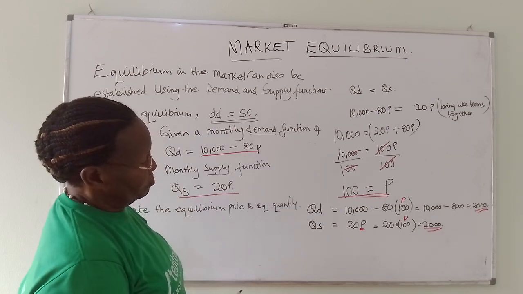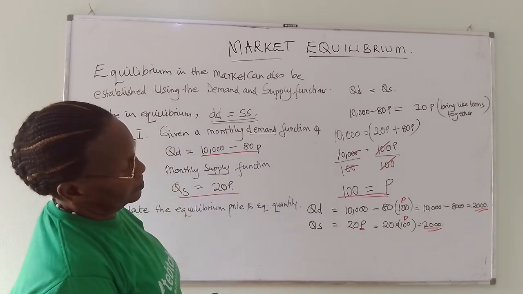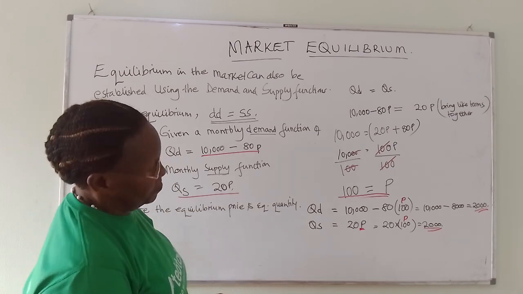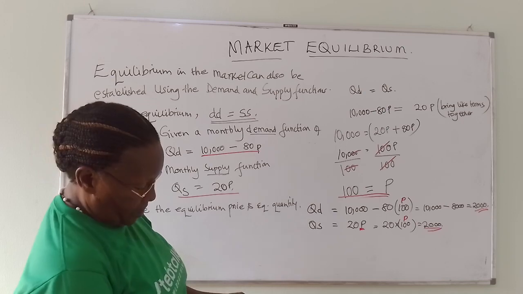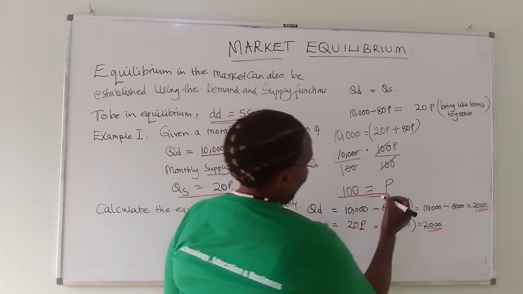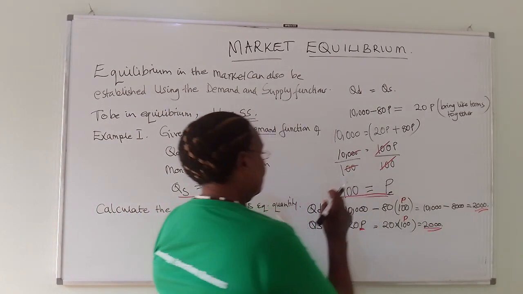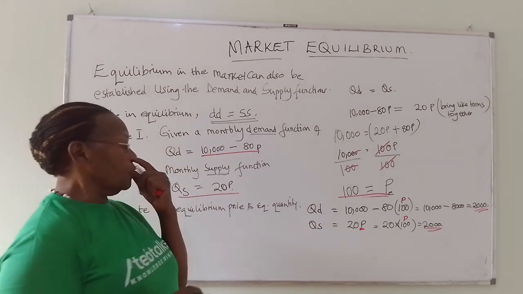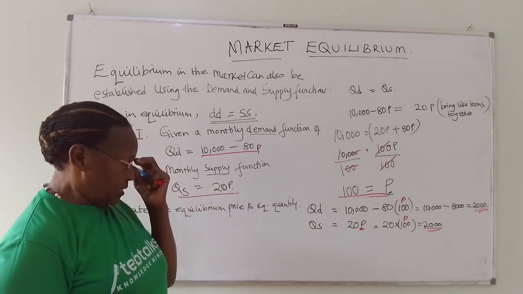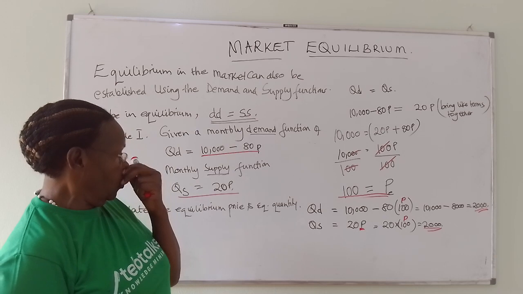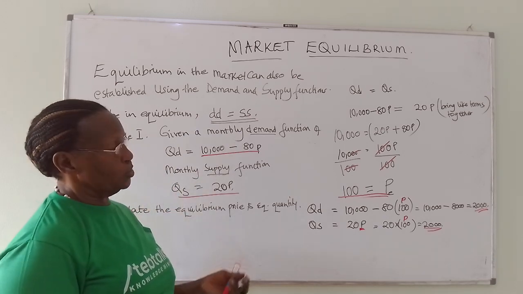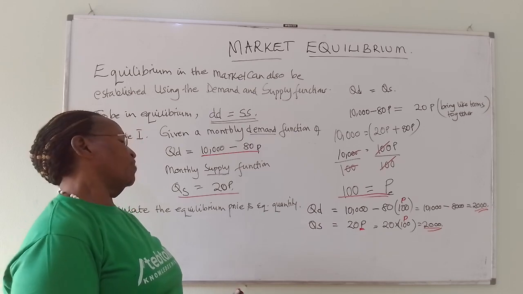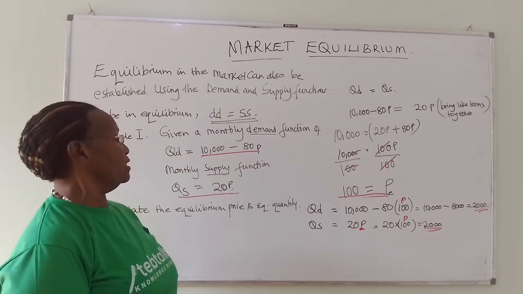So our equilibrium quantity is 2,000, and our equilibrium price is 100 at the point of equilibrium, where we have our equilibrium price as PE. The price has no unit. We can't say that it is 100 shillings, 100 whatever, no. If it is an equilibrium price, you just write the figure without any attachment like shillings, dollars, and so on.